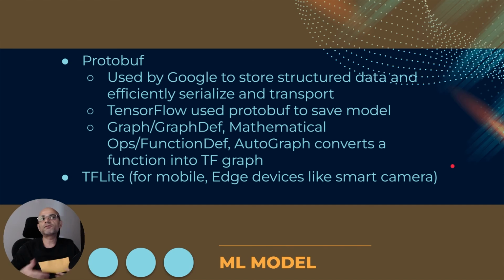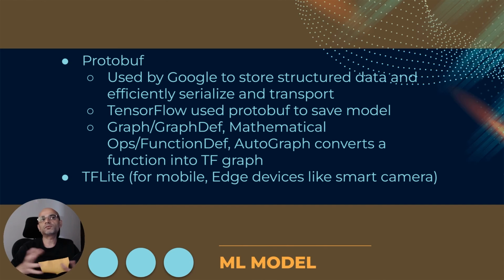So it has some standard definitions like graph, GraphDef. You can imagine it like a C++ struct or some class information of C++, if you're not familiar with protobuf. And some mathematical ops: apart from some graph information in the model, this model will also have some function information which can be operated on top of the graph.